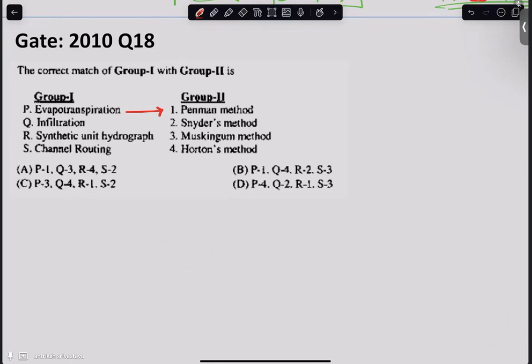Now infiltration, we have Green-Ampt method, we have phi-index method, and we have Horton's method. What was the equation for Horton's method? It was fc plus (f0 minus fc) e power minus kt.